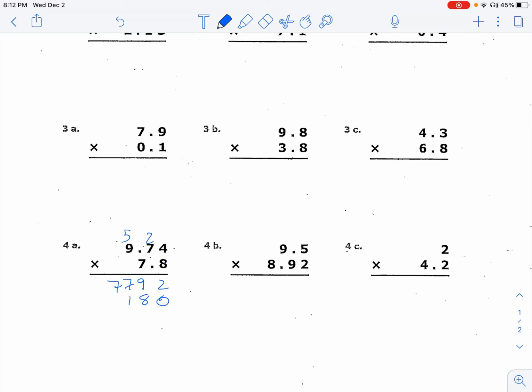So this would be 10 times 8, which would be 80. Closest to 80 would be 75. 1, 2, 3. 1, 2, 3. Perfect.